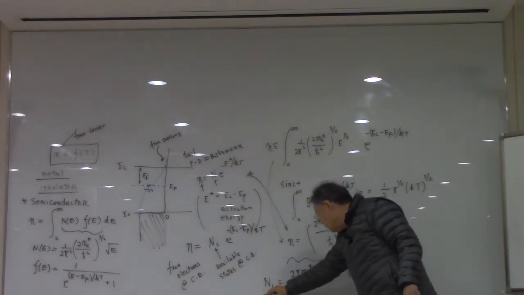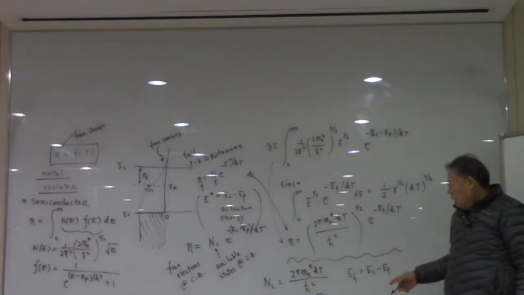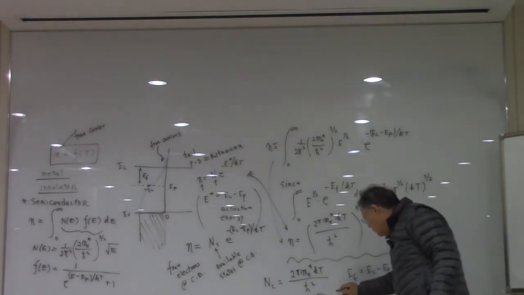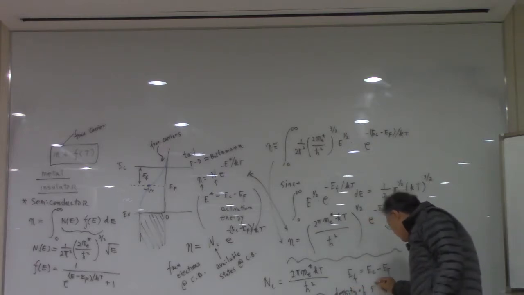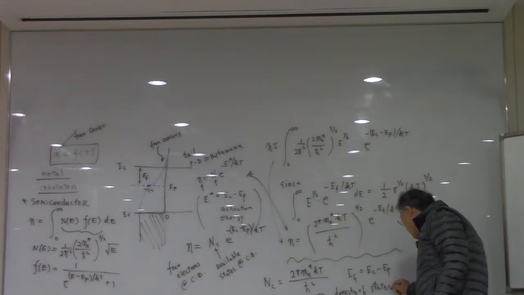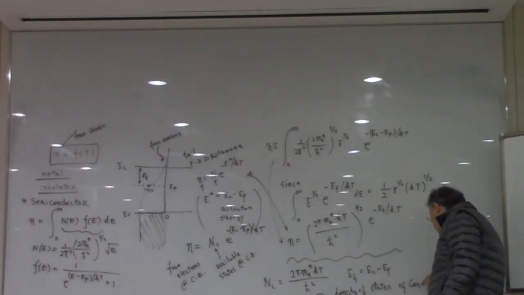Okay? And that is going to be called the density of states of the conduction band.